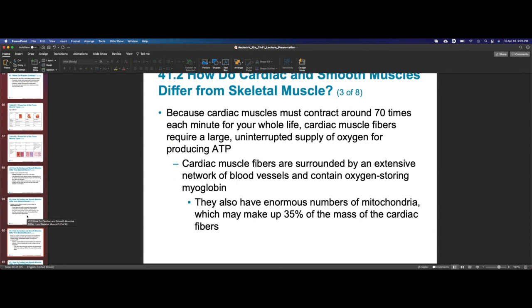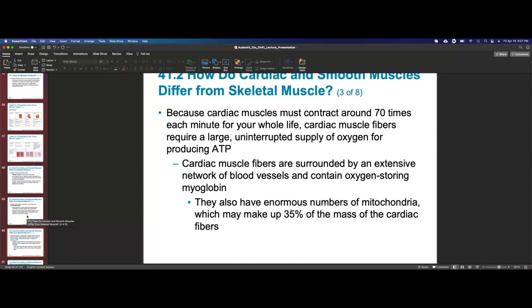And so with cardiac muscles, your heart's always beating, even when you're sleeping, as opposed to your skeletal muscle cells, where they vary wildly in the amount of force and the speed of the contractions you need them for. Skeletal muscles vary wildly.